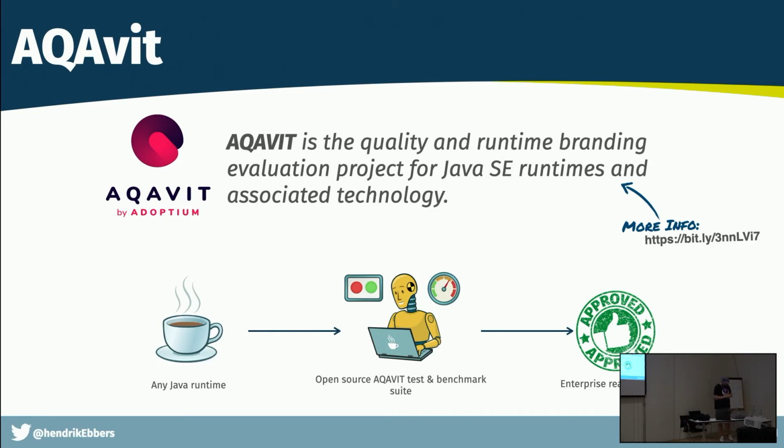The problem is that Oracle has the TCK. The TCK is the test compatibility kit that Oracle provides as a closed source product so that companies can run it, and if it succeeds, call their binaries Java binaries.